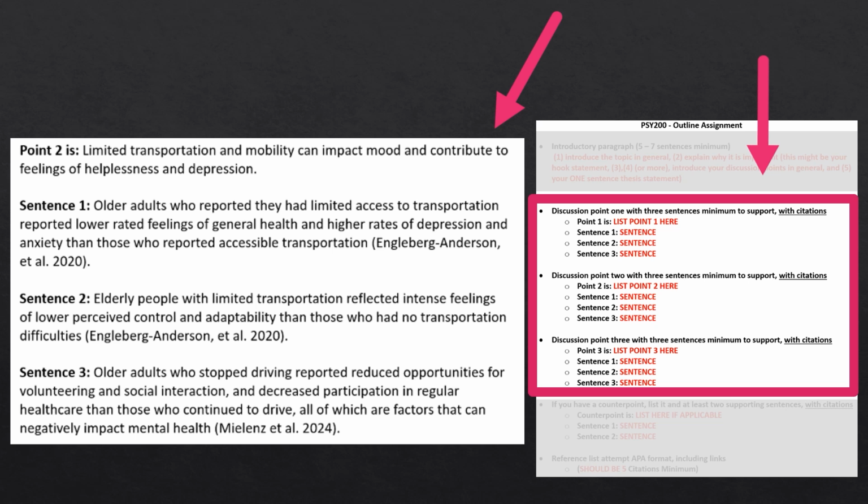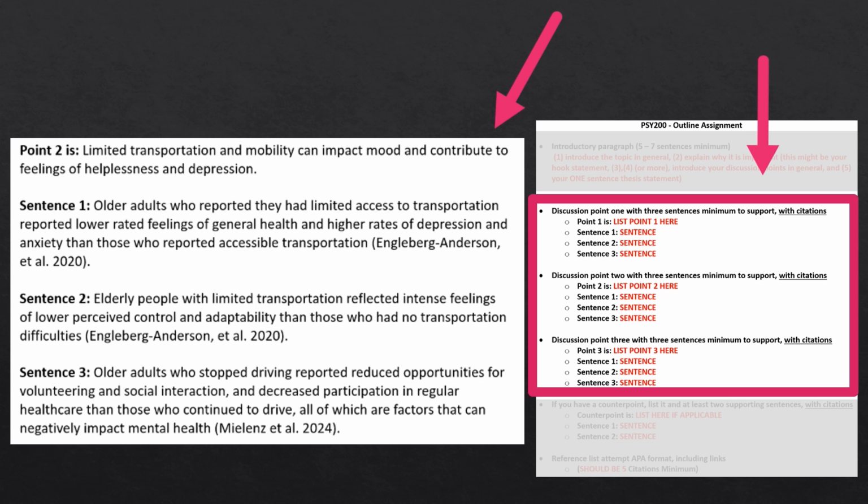Then my third point is older adults who stopped driving reported reduced opportunities for volunteering and social interaction and decreased participation in regular health care compared to those who continued to drive, all of which are factors that negatively impact mental health.